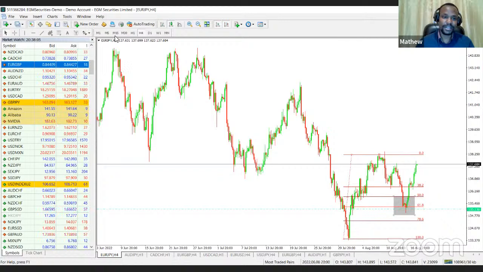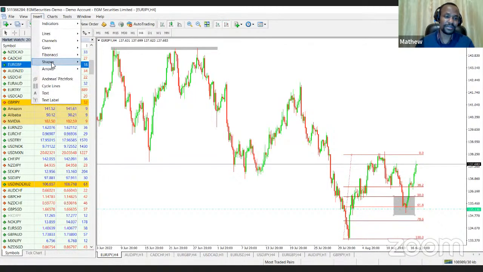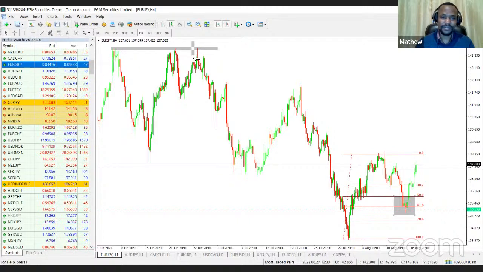I'm looking at something else here. I wanted all of us to identify we have a resistance area at the top there. How many touch points do we have? 1, 2, 3. And on the third one, we had a pin bar. Again, I will highlight the pin bar with the same rectangle.